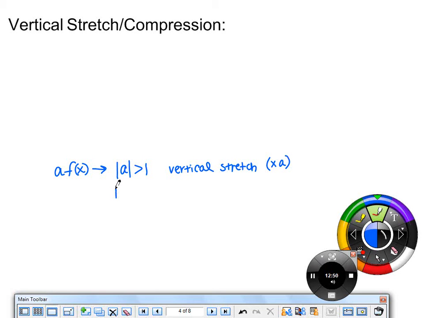The other option is if the numerical part of the a value is smaller than 1. I'm not talking negatives here. I'm talking about 1/2, 2/3, things that are less than 1. You saw with 1/2, it looked like someone made your graph wider, like they squished it. So that was a vertical compression.